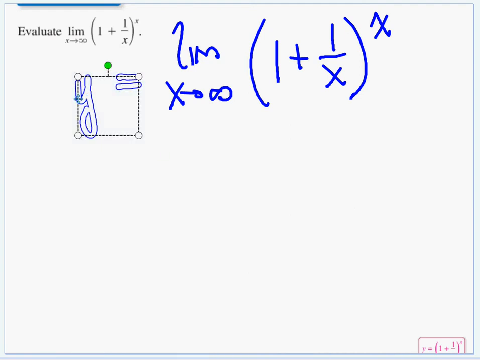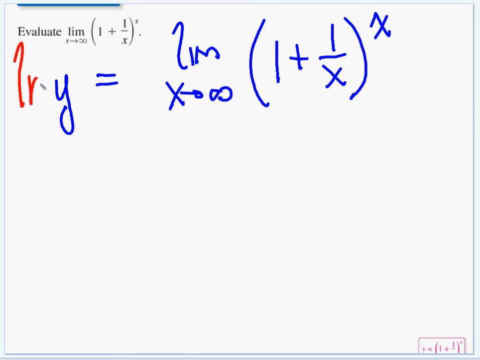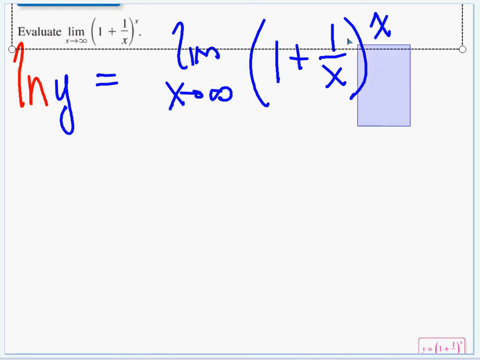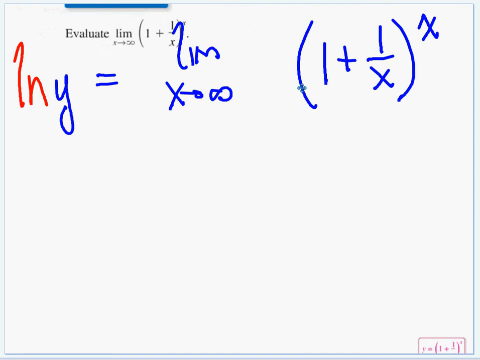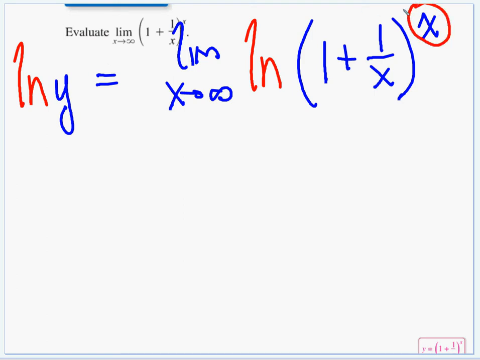Now, why do we assume it exists and it's equal to y? So we can do this. I'm going to take the natural log of the left side, and that's perfectly legal as long as I take the natural log of the right side. And I am going to squeeze it in here, the natural log of this side. Now, the reason we're doing this is so we can apply properties of logarithms and bring this exponent down.